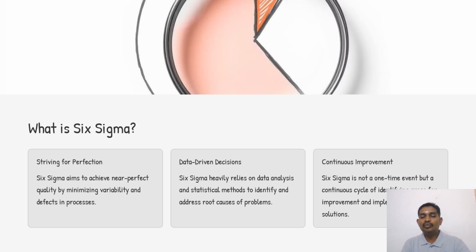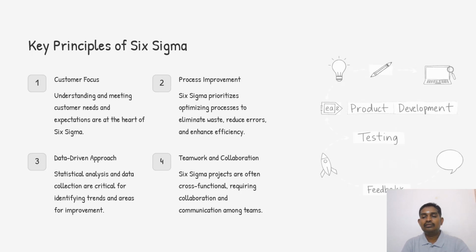Continuous improvement: Six Sigma is not a one-time event, but a continuous cycle for identifying any possibility of improvement and thereby implementing improvements. The key principles of Six Sigma are customer focus, process improvement, data-driven approach, teamwork, and collaboration.